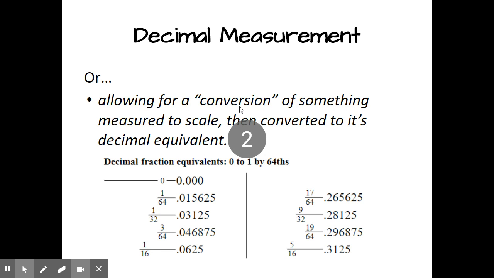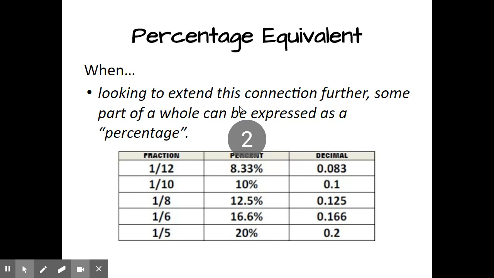So it's important to understand, to at least as many significant digits as necessary past the decimal point, what a 64th represents, what a 32nd represents, and so on. That's the key to the class.